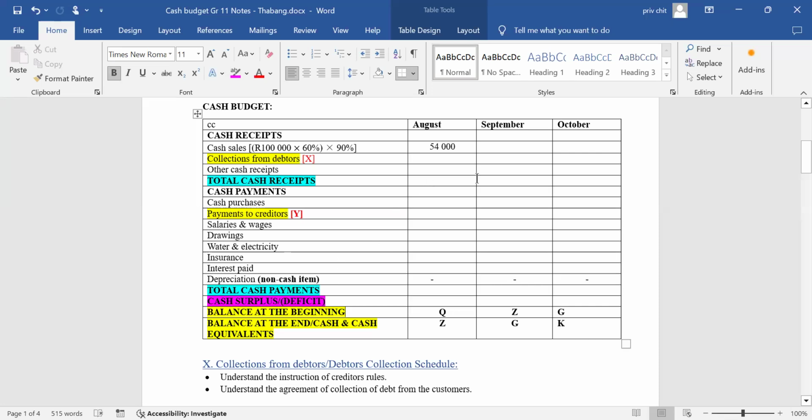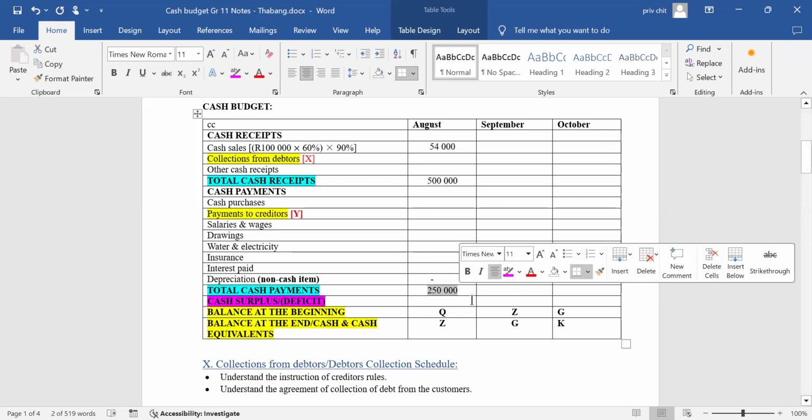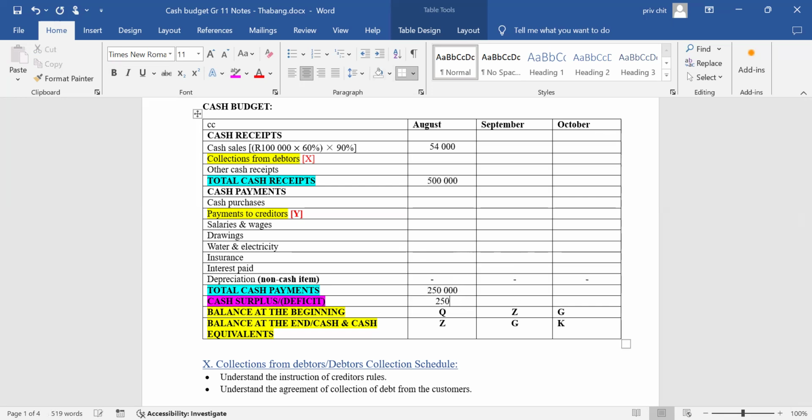Say, for instance, this was 500,000, and this was maybe 250,000. I'm talking of the cash payments. So what will be your surplus here? You take the difference between this amount minus the 250K, which leaves you with 250K.